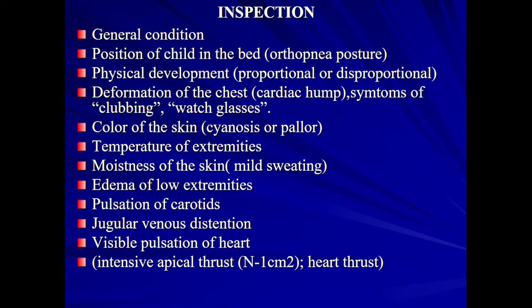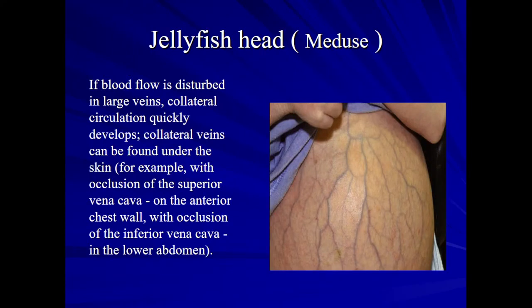Jugular venous distension and visible pulsation of the heart occur when the heart enlarges and there is synchronization with the chest wall, seen on inspection.